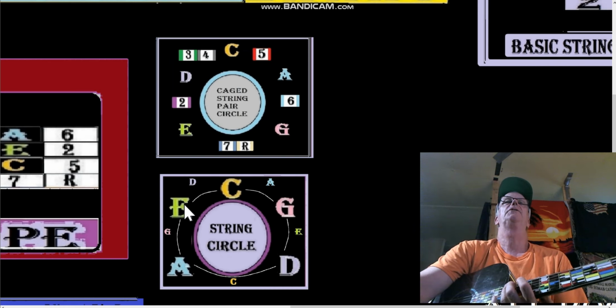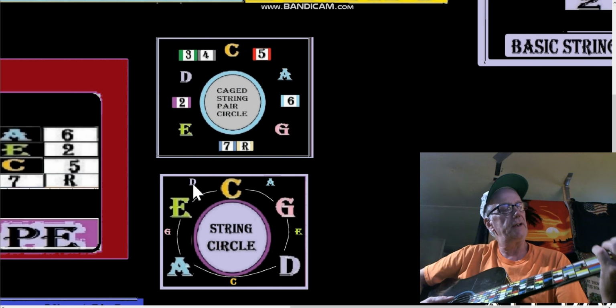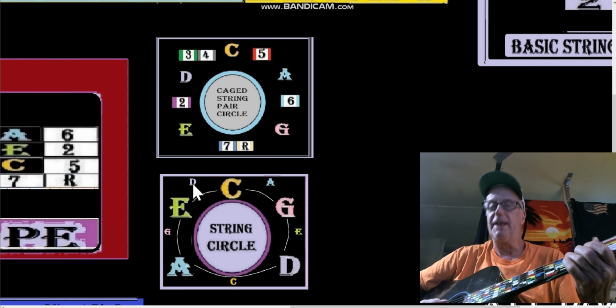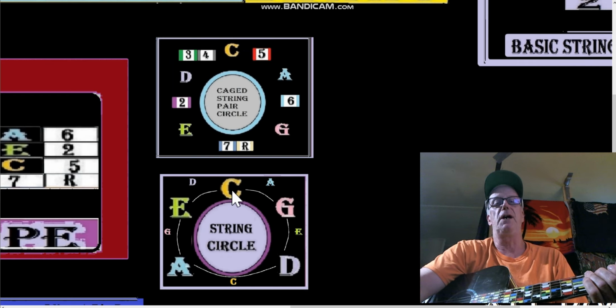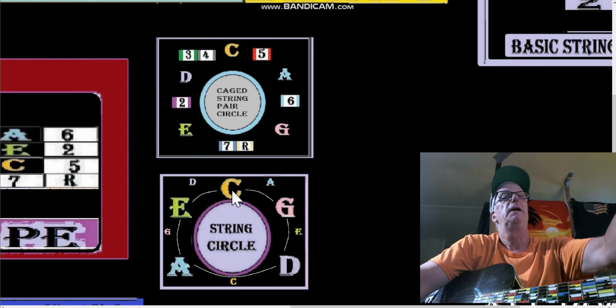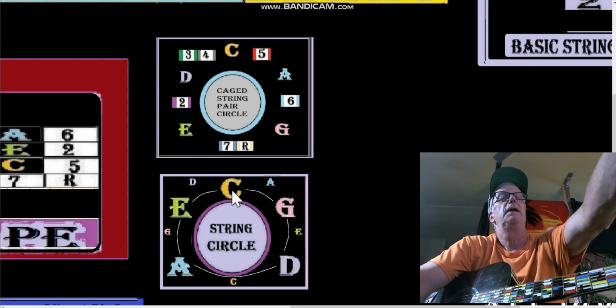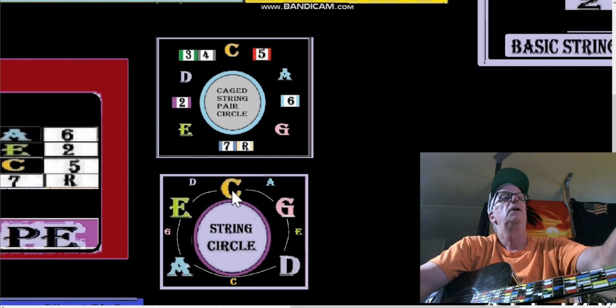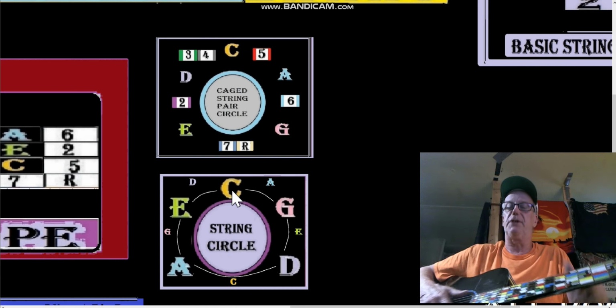Now it gets a little interesting up here. We go to the D string shape again. Let's go down an octave again. Just a CAGED advance, but now the fifth of E does not go to B. E does not go to B. E goes to C. And that's just in string shape.